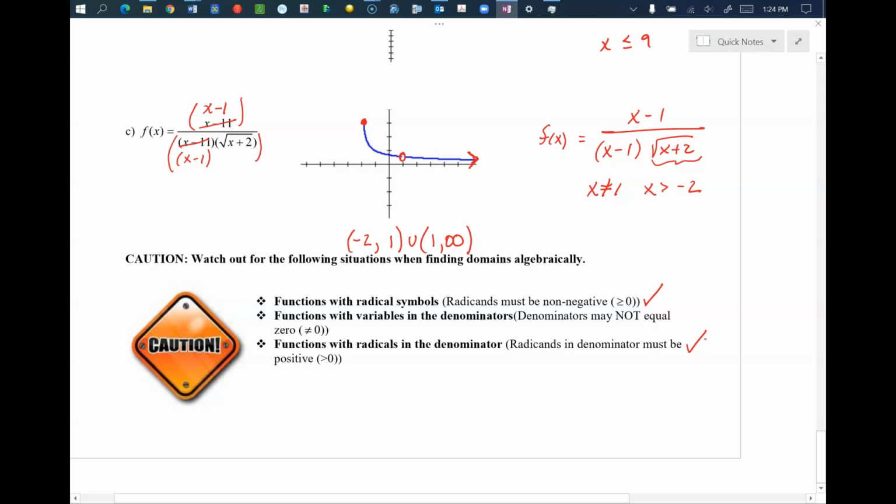And finally, if you have a 0 anywhere in the denominator, it's going to cause a discontinuity of some sort. So that number or those numbers that make that discontinuity happen or make the denominator equal to 0 are not part of the domain. So that wraps things up for our discussion of functions and relations and domain.